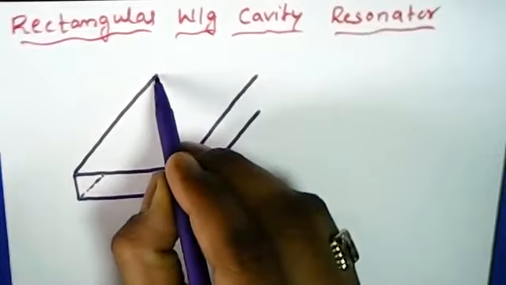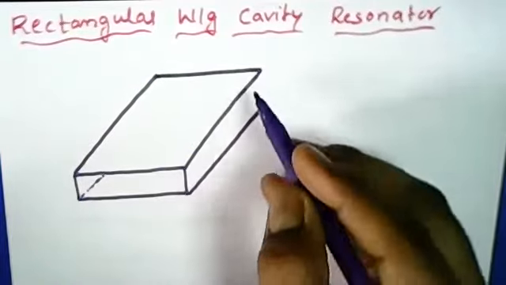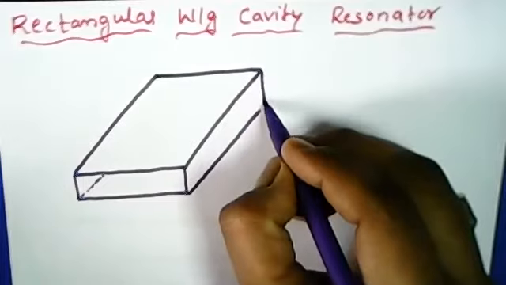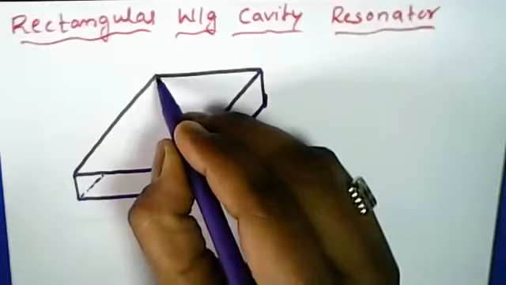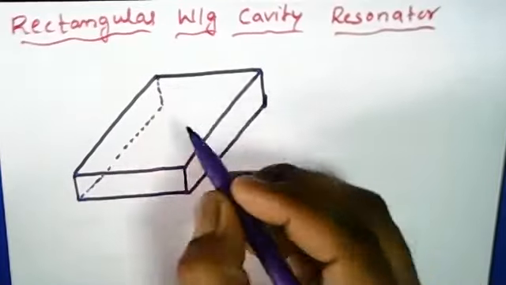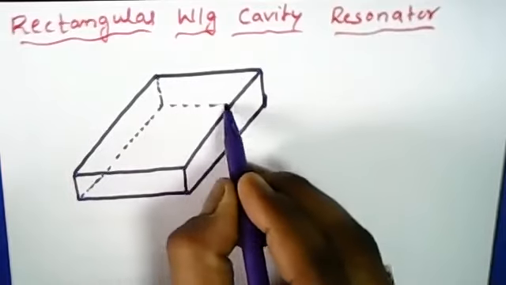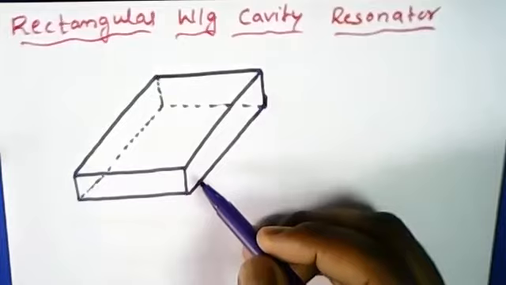Then suppose this is the other end of the rectangular waveguide, and if we close it, it is short circuited. This is how we approximate it.